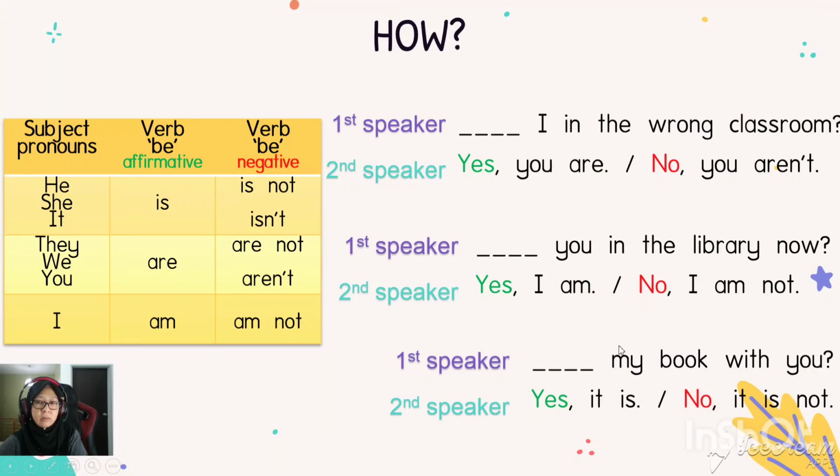It is a thing. Alright. So what is the subject pronoun that we can replace with book? We can replace it with it. Okay. So because the subject is my book, we can replace it with it.